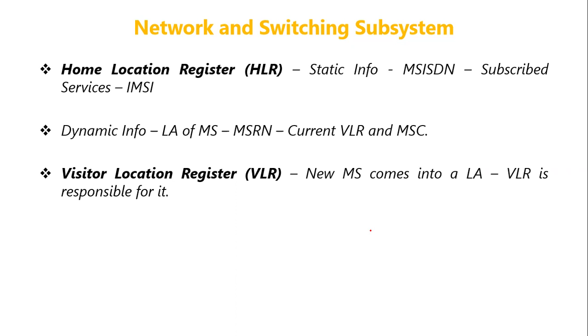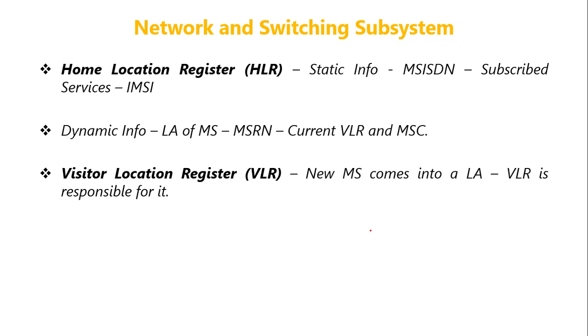Whenever the mobile travels, the VLR will be updated from the HLR, avoiding long distance signaling of user information. Whenever the user moves to some other location, his HLR data will be transferred to the VLR in the MSC of that particular locality.